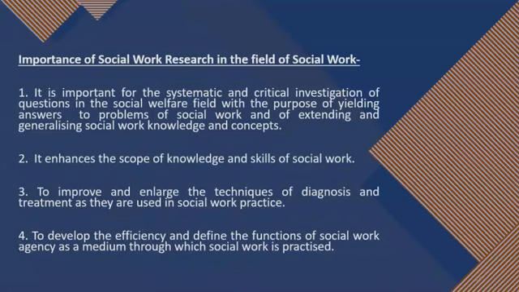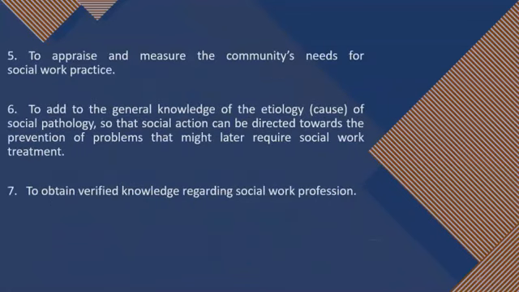Next is to develop the efficiency and define the functions of social work agency as a medium through which social work is practiced. Fifth is to appraise and measure the community's needs for social work practice. Sixth is to add to the general knowledge of the etiology of social pathology so that social action can be directed towards prevention of problems that might later require social work treatment. And the seventh one is to obtain verified knowledge regarding the social work profession.